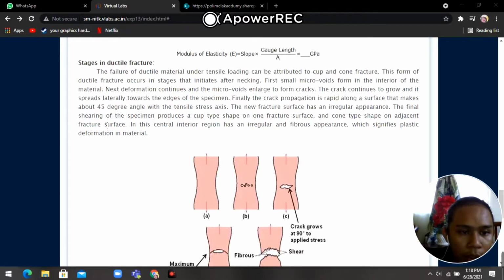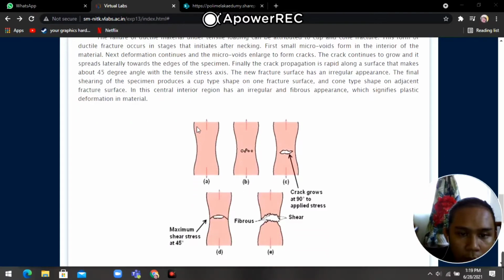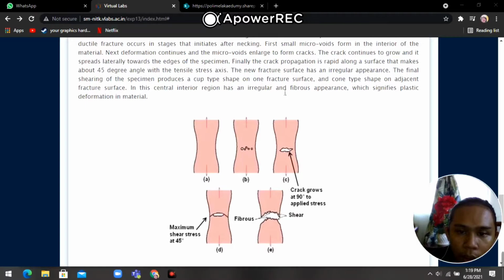The final shearing of the specimen produces a cup-type shape on one fracture surface and a cone-type shape on the adjacent fracture surface. The central interior region has an irregular and fibrous appearance, which signifies plastic deformation in the material.